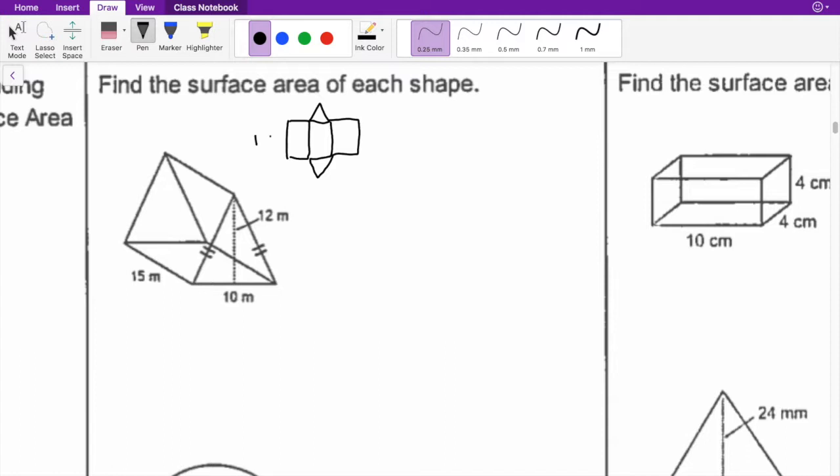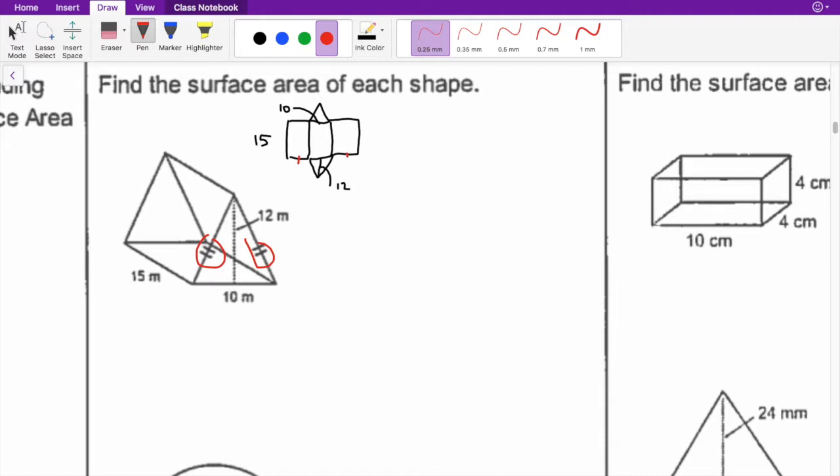Now let's take a look at what we know. We know this is 15 from right here. We know the height here is 12. And we know this base here is 10. What we don't know is this part right here. These sides. Okay? Which would be this side and this side. Right?